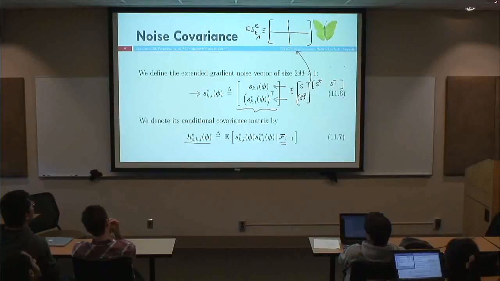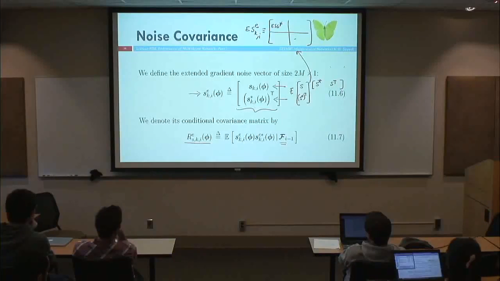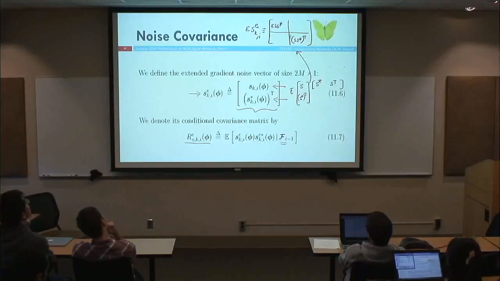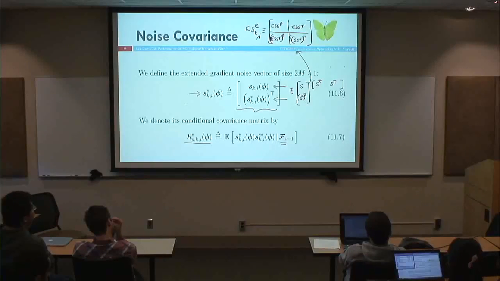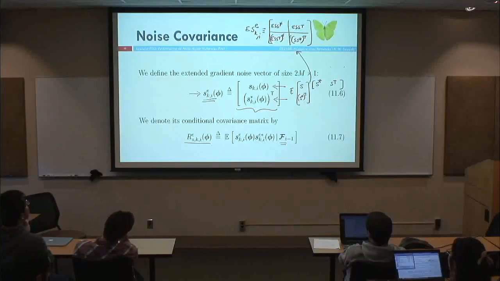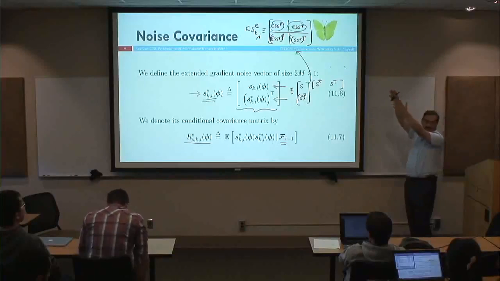What goes here is S S star, and then S star transpose with S transpose, that is S S star transpose under expectation, and then S S transpose, and here S S transpose star. You see, for any time I, the covariance matrix of the gradient noise involves these two types of moments, S S star and S S transpose. What you have below are transposes.